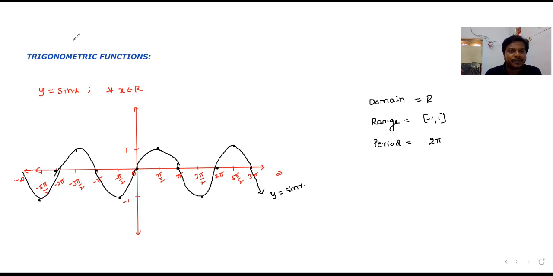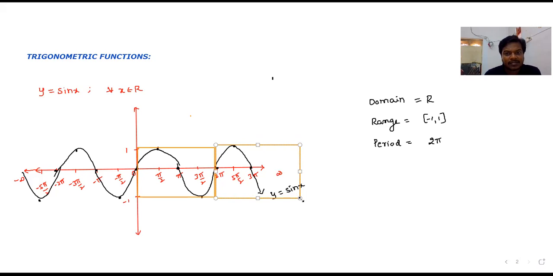See the graph of sin x. Whatever graph you have in this interval, the same graph repeats from 2 pi, right?